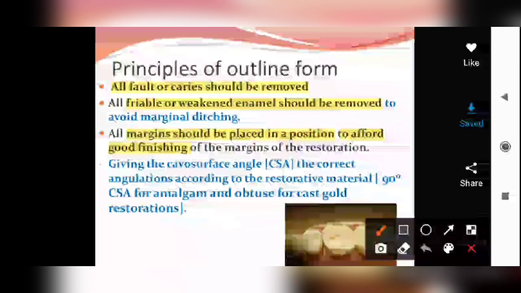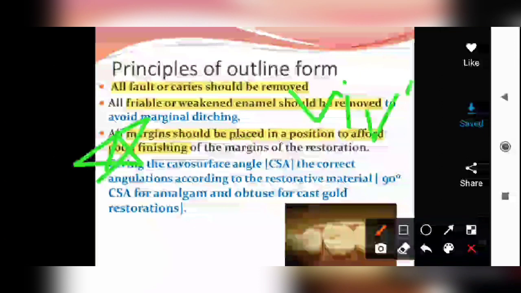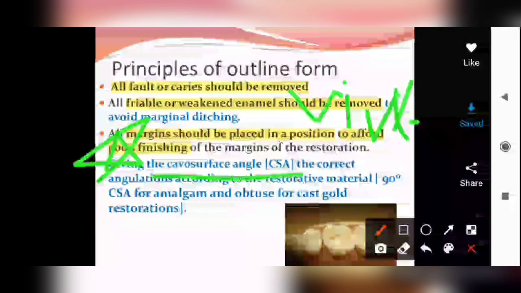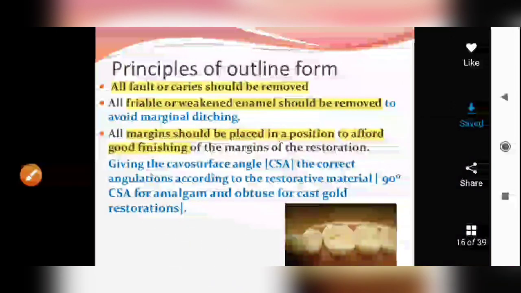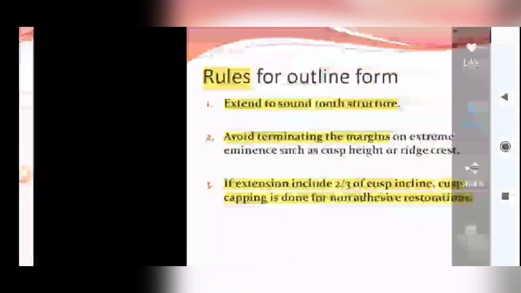Remember this point, it is asked in viva: giving a cavo surface angle that corrects the angulation according to the restorative material is very important while you draw the outline form. It is 90 degrees for amalgam and an obtuse angle for cast gold restorations.